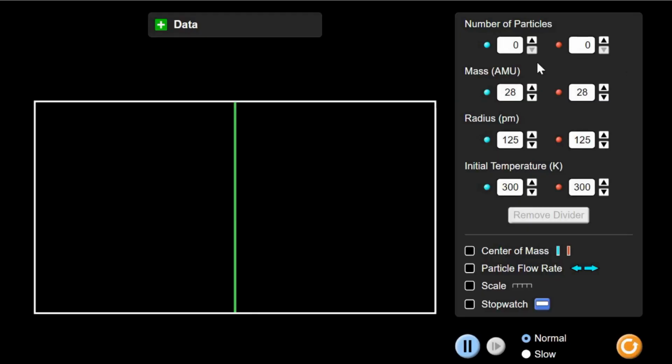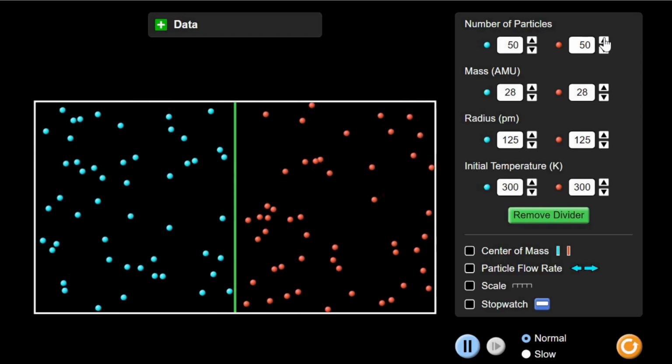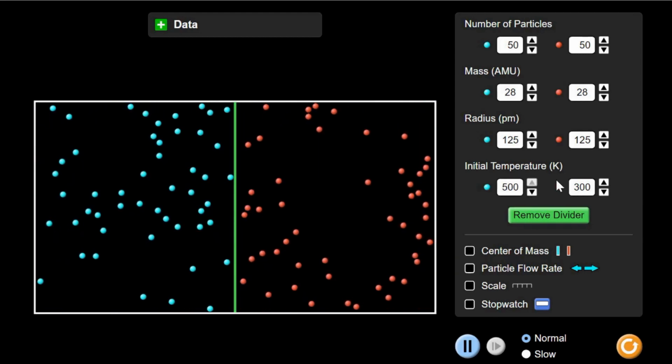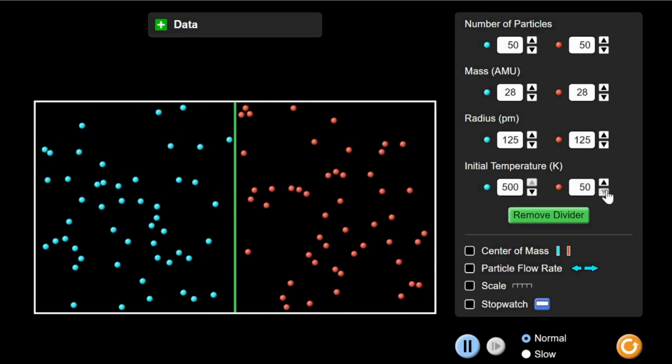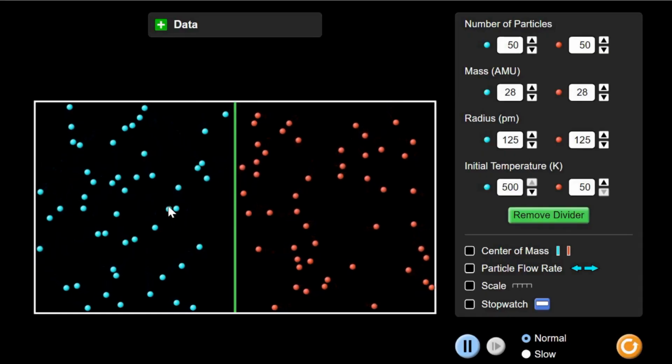Let us investigate what will happen if I again have 50 blue particles in the left chamber and 50 red particles, but I increase the temperature of these blue particles to 500 kelvins and I decrease the temperature of the red particles to 50 kelvins. When we remove the divider now, initially we will have a higher flux of blue particles to the red. But as time is progressing, the system will reach temperature equilibrium.